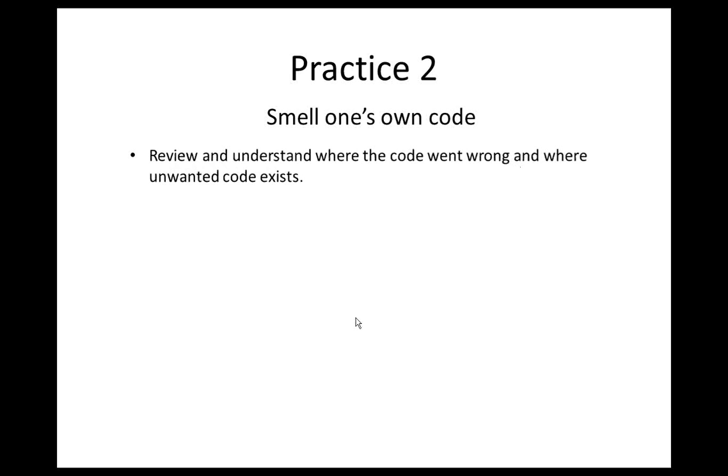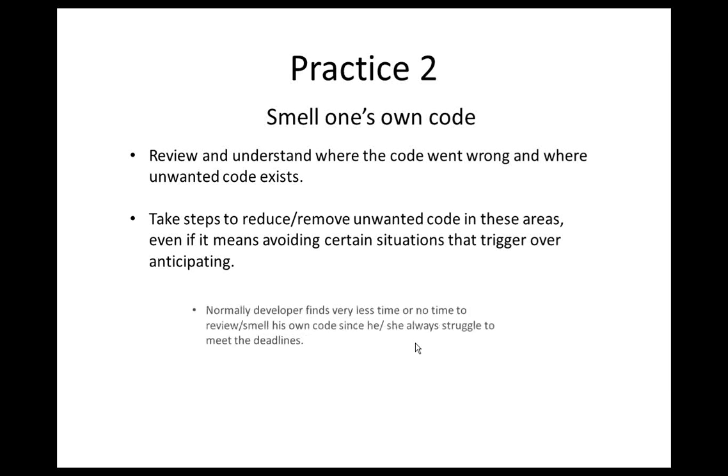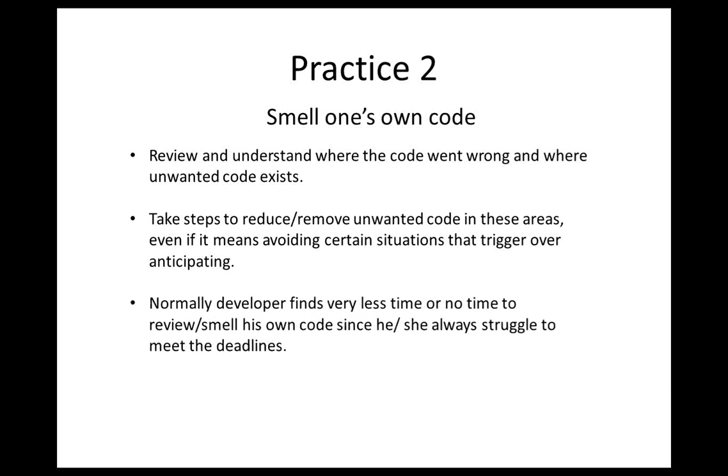So review and understand where the code went wrong and where the unwanted code exists. Take steps to reduce and remove unwanted code in these areas. It may be possible that you are avoiding certain situations, or doing anticipation also. Normally we find very little or no time to review or smell our own code because we are always struggling to meet deadlines.